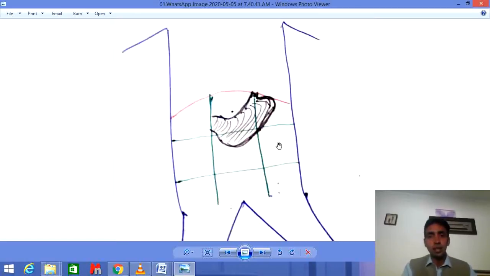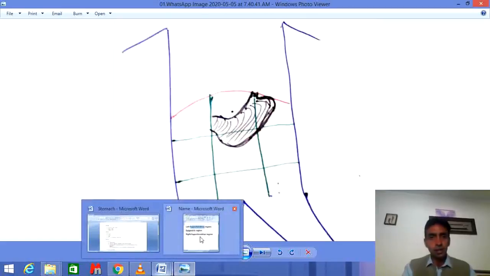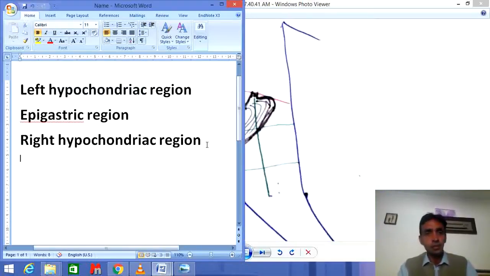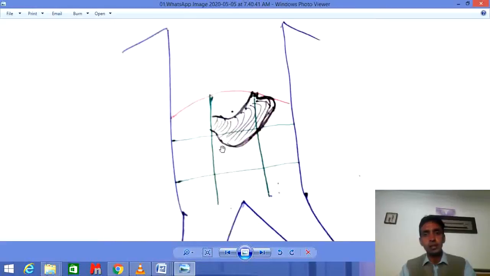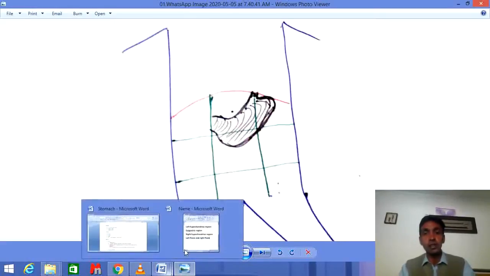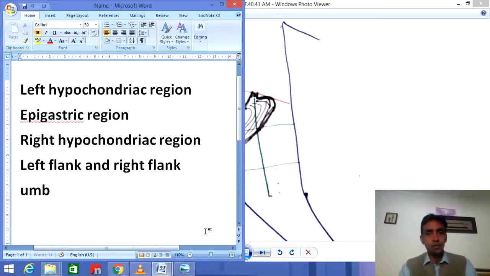This region is called the left flank, and this is called the right flank. Between the left flank and right flank there is this region, called the epigastric region, and below it the umbilical region.